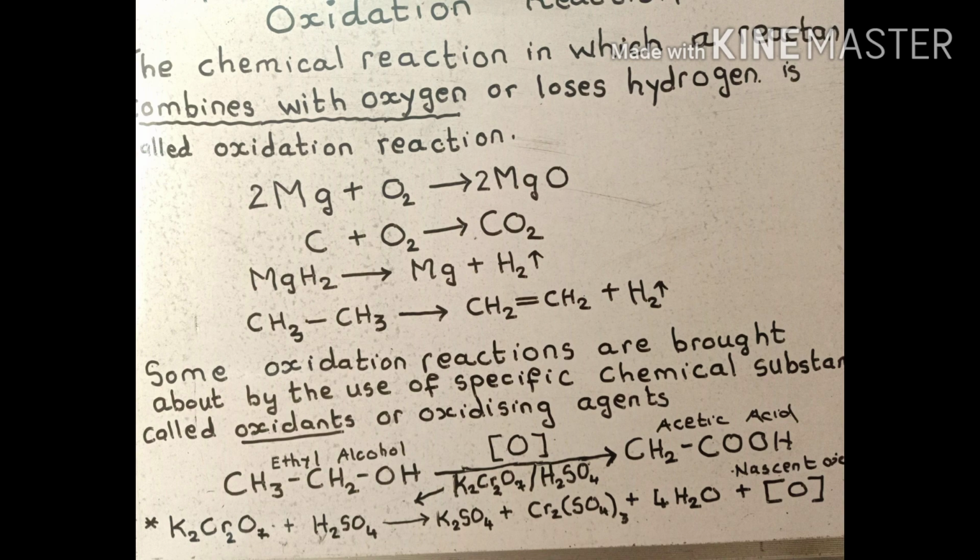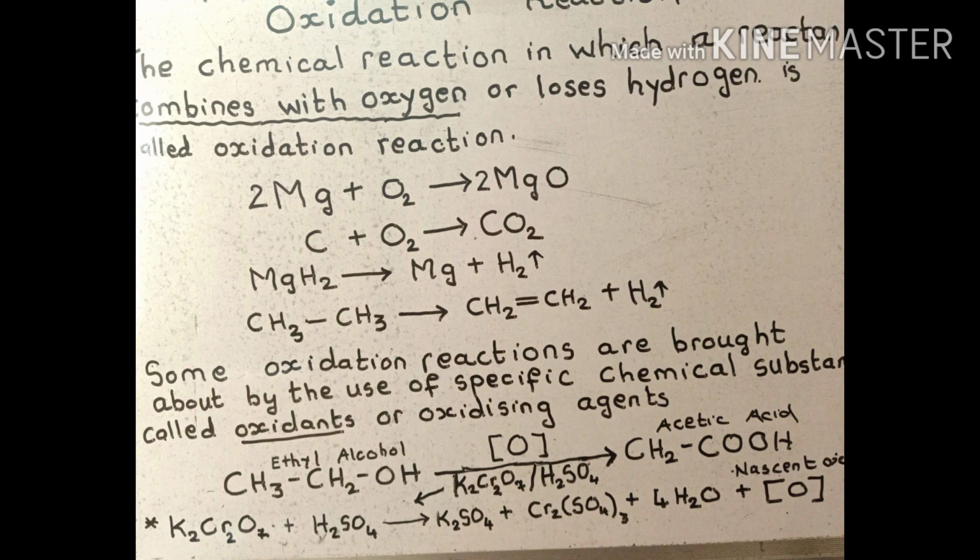You can see ethyl alcohol, CH3CH2OH. It is made to react with an acidic solution of potassium chromate. You can see K2Cr2O7 and H2SO4. So it's an acidic solution of potassium chromate.